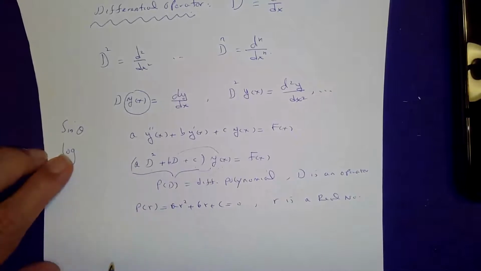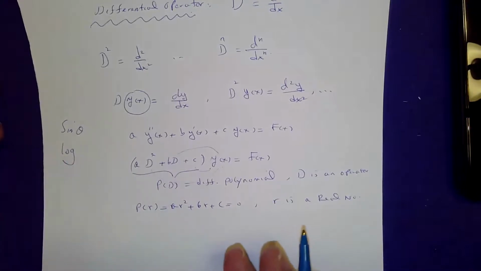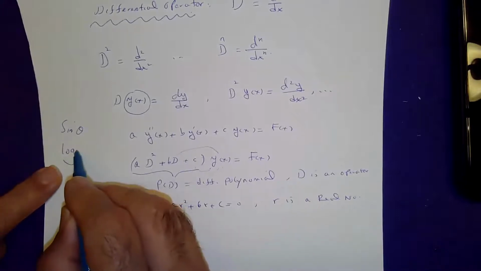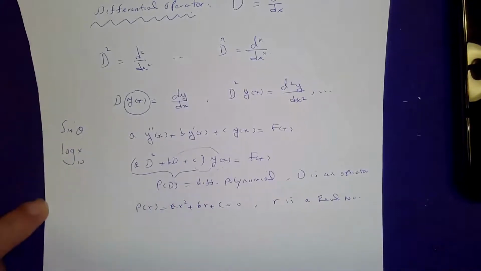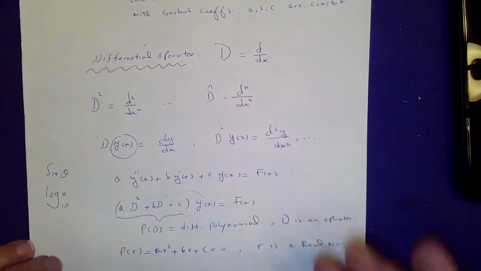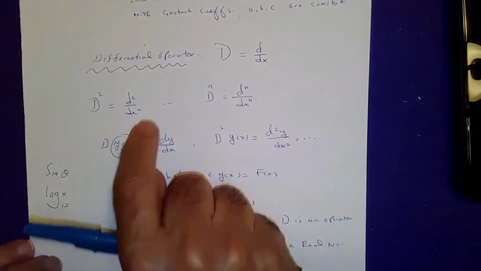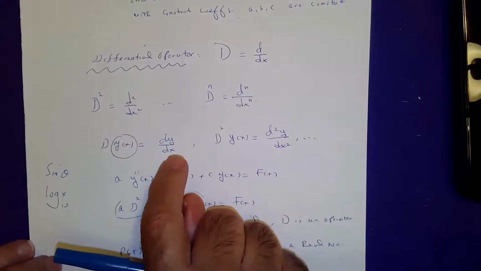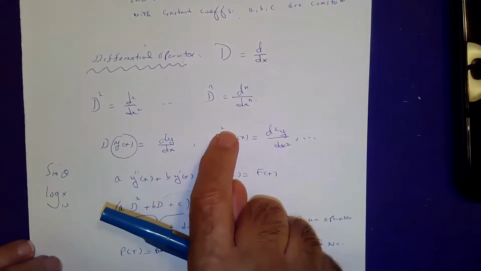Log is an operator. It's just a symbol. Unless you apply it to a number, then it means something, right? So is D. The differential operator by itself doesn't mean anything unless it's applied to a function, then it means derivative of that function, depending on the superscript here.